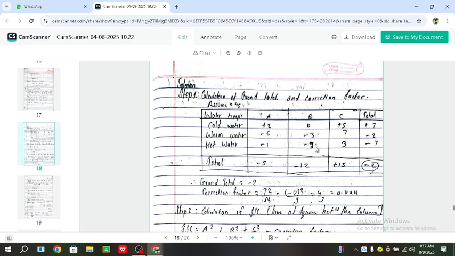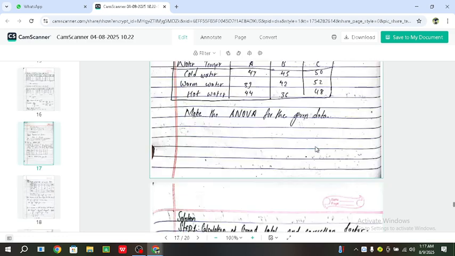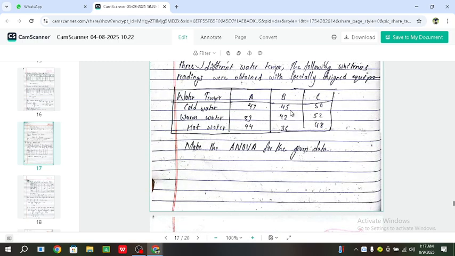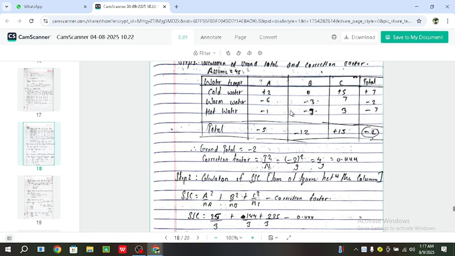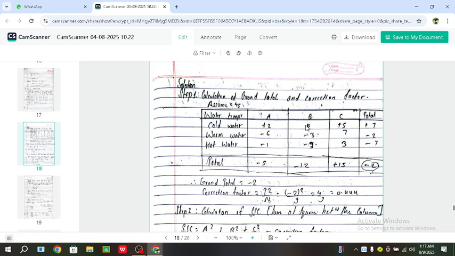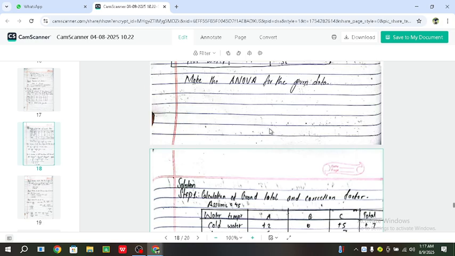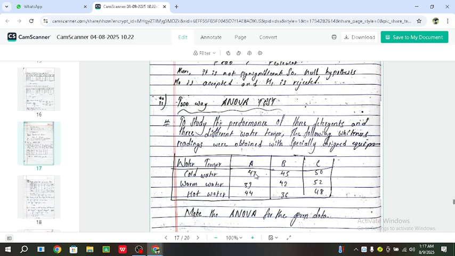Remember that we are assuming 45, so we subtract 45 from each value.